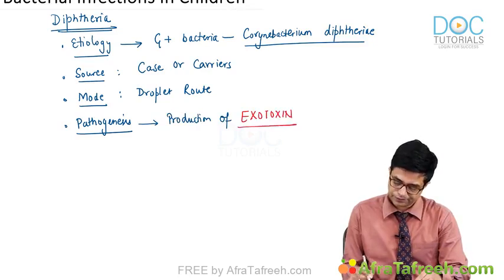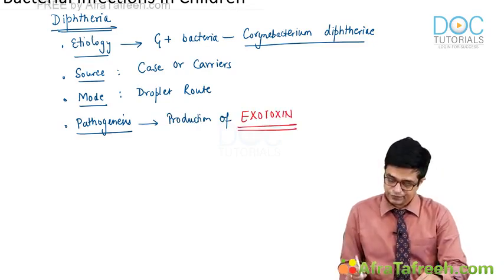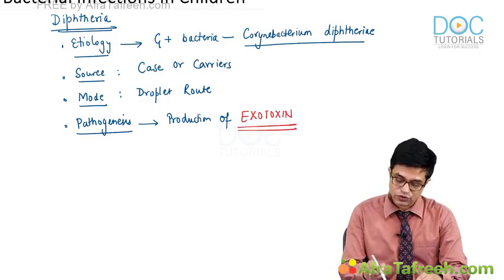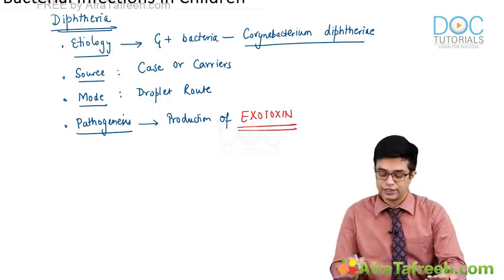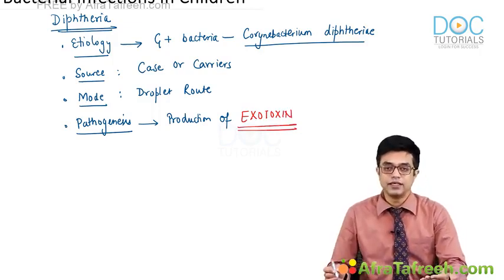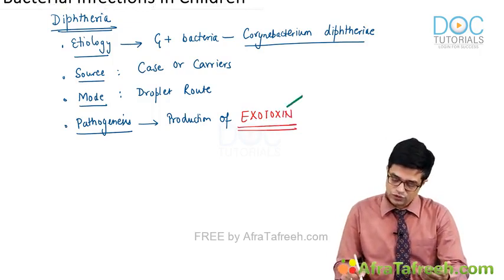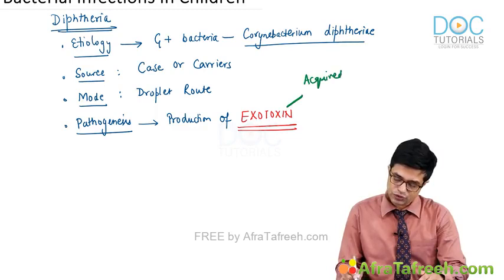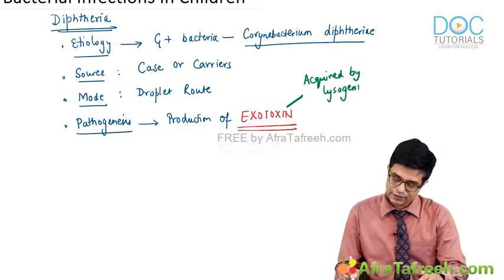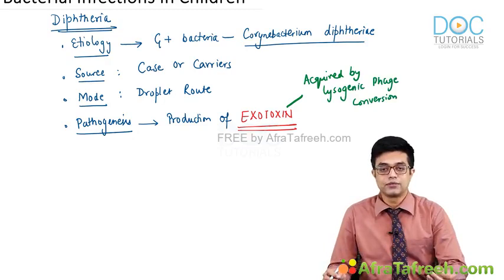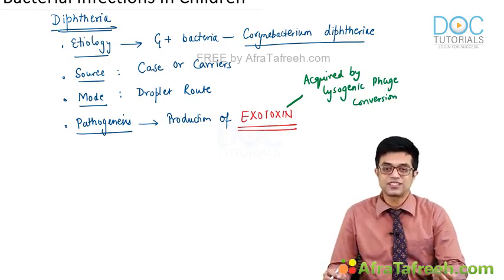by the bacteria. The ability to produce exotoxin is not inherently present in the bacteria, it is an acquired thing. The ability to produce this exotoxin is acquired by a process called lysogenic phage conversion. Lysogenic bacteria carrying the gene for toxin production are called Tox plus strains.